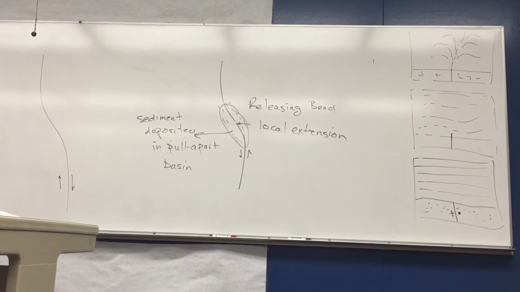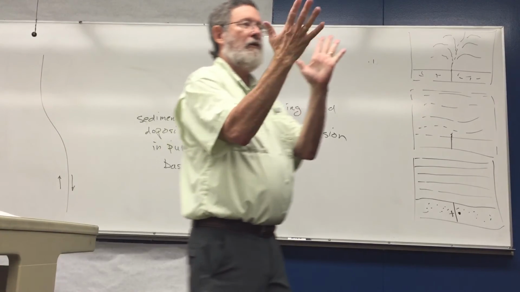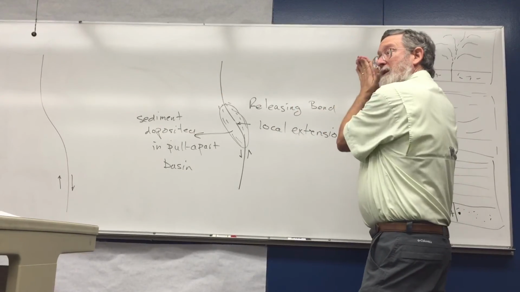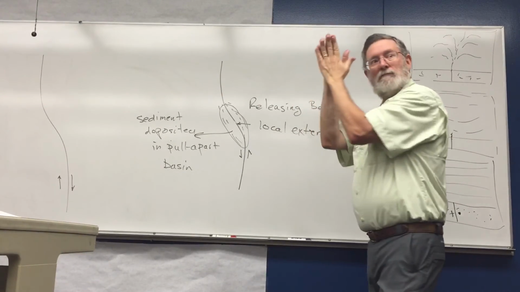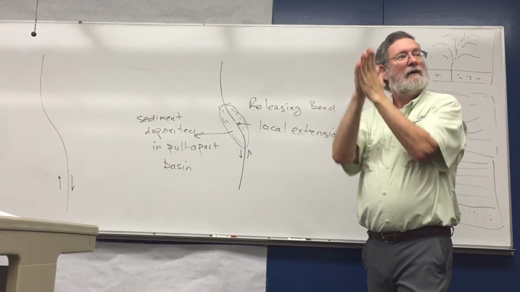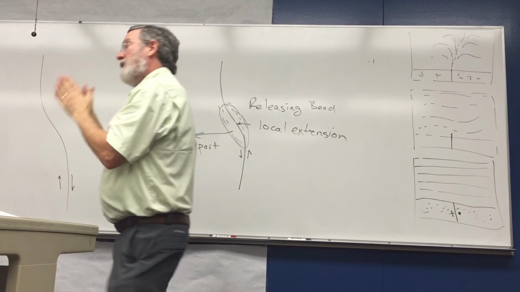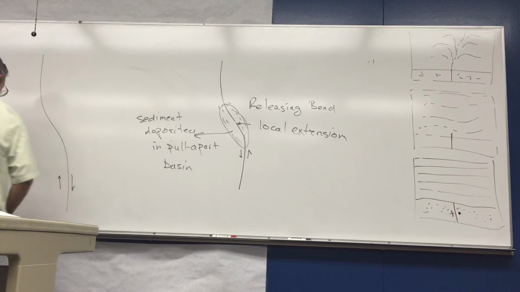Well, let's play the handsy fault game. So we're going to come in here. Now this wants to come down. It gets stuck. It's in compression. So we end up here forming a series of thrust faults.